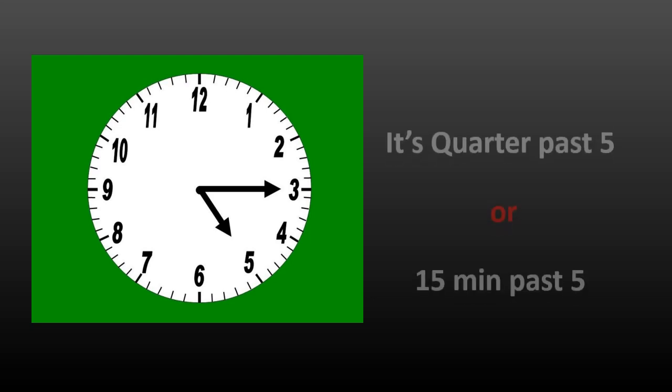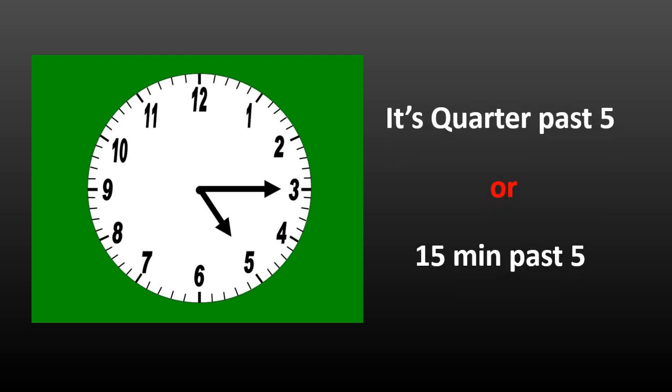Some students hesitate if the short arm is a bit slid from the 5, or between the 5 and the 6. So they hesitate which number they are going to take. Take it as a note that when we say past, we take the previous number. PP: past, previous. So if it's between the 5 and the 6, we take the 5.